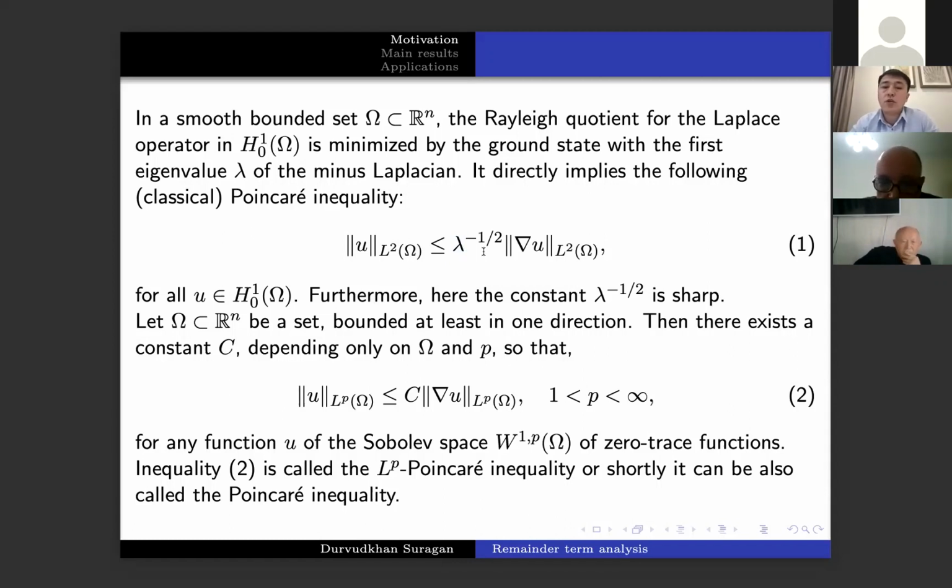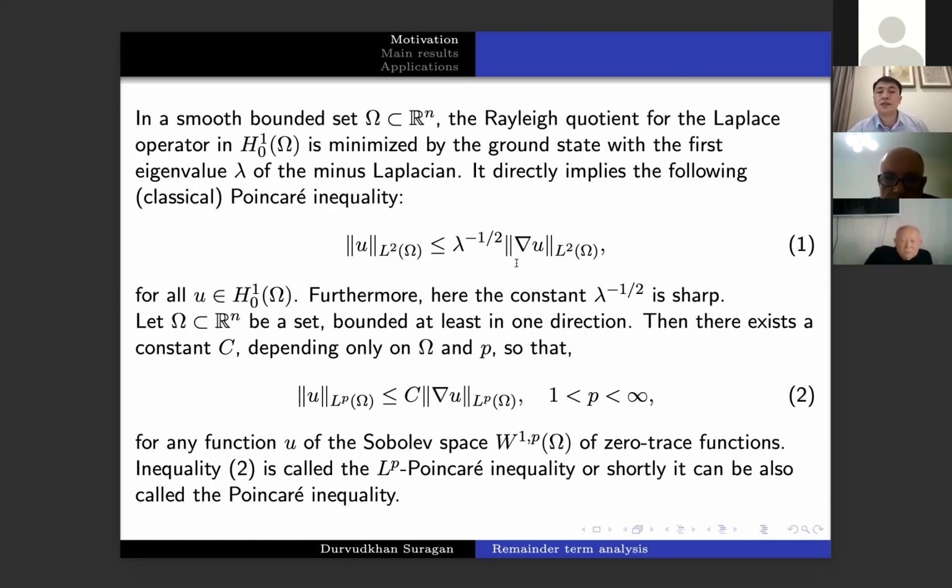It's a well-known inequality, and in some literature it's called the Steklov inequality, especially in one-dimensional cases. Some higher order cases can also be called the Friedrichs inequality, but this is not our main topic today.